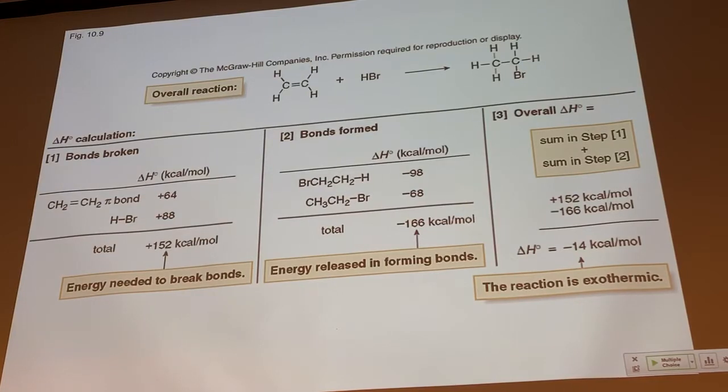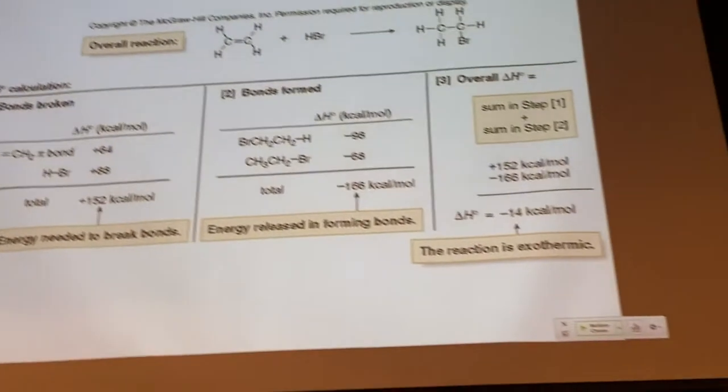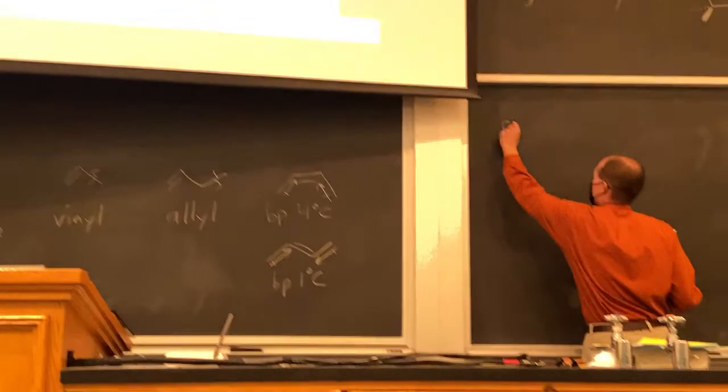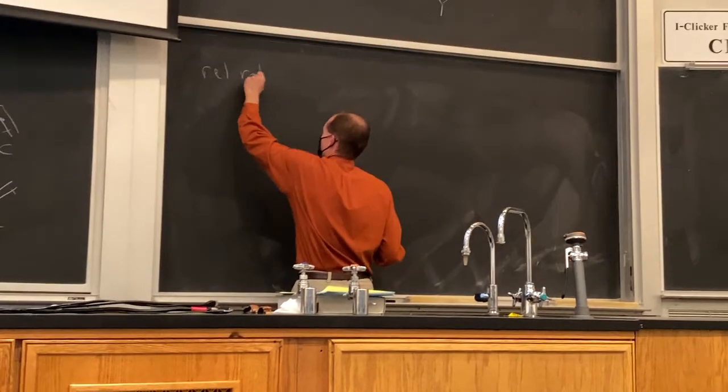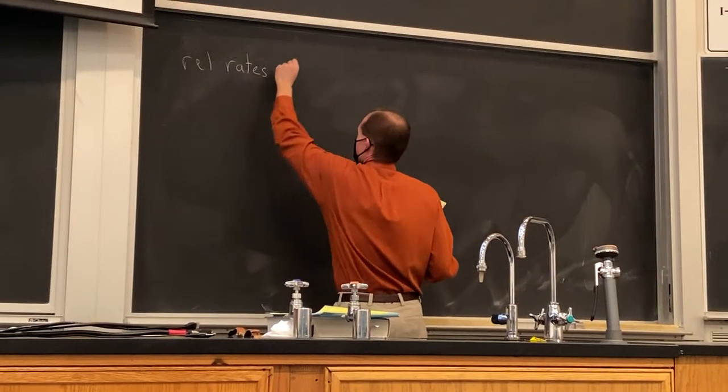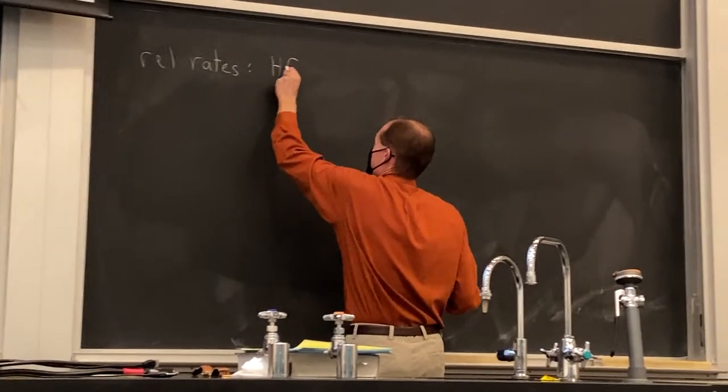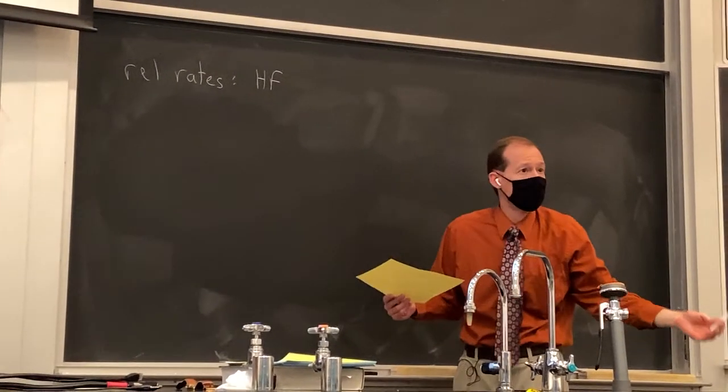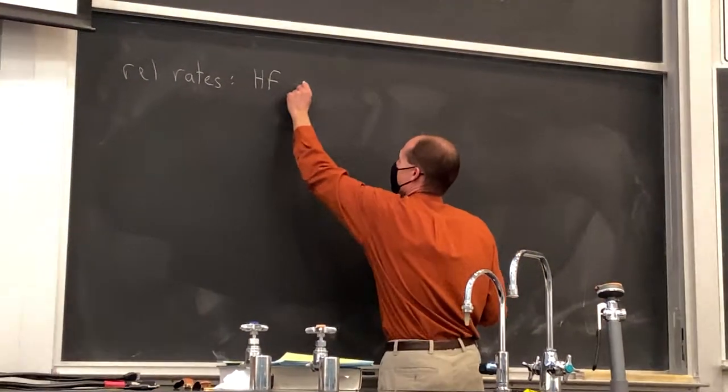Okay, so we're going to look at the mechanism of this reaction. But before we do, let's discuss some relative rate data, and then we'll make sure that the mechanism we propose is consistent with those relative rates. HF is going to be unreactive in a hydrohalogenation.